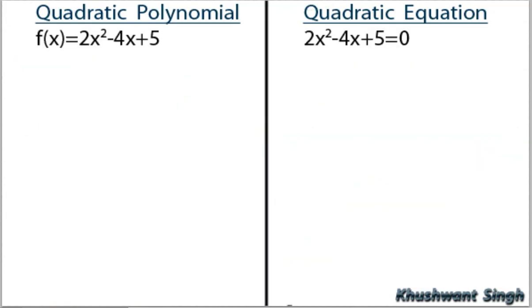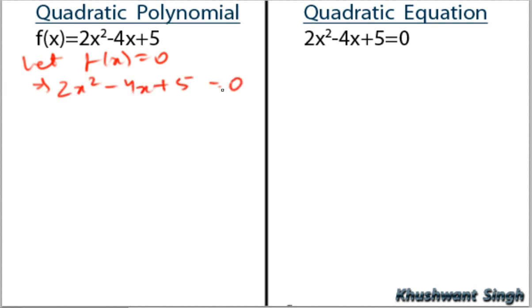The last one and the most crucial one. 2x square minus 4x plus 5 is a quadratic polynomial. So for finding roots, we'll just write let f(x) equal to 0. This implies 2x square minus 4x plus 5 is equal to 0.